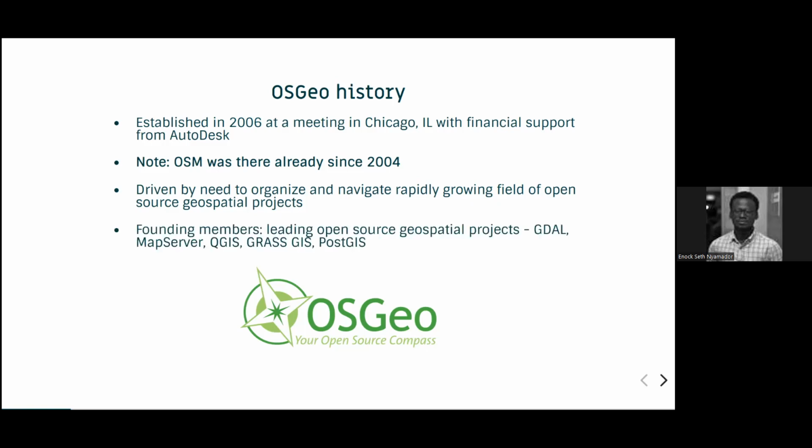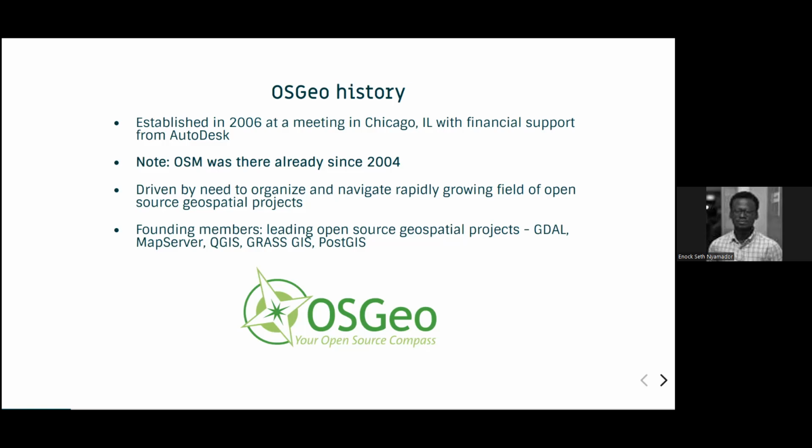Among the founding projects and some of the leading OSGeo projects you might have heard of are GDAL, which is used by both proprietary and free and open source software tools, MapServer, QGIS, of course, just a favorite which almost everyone knows about, and GRASS GIS and PostGIS.